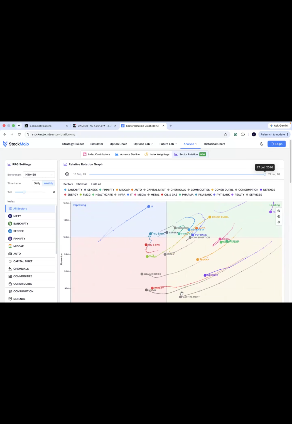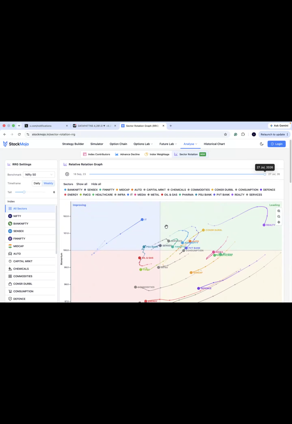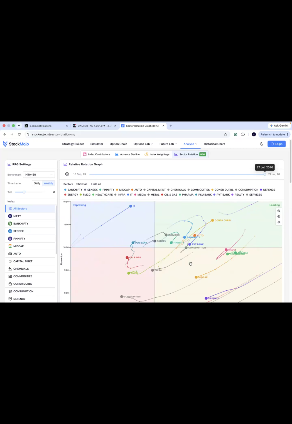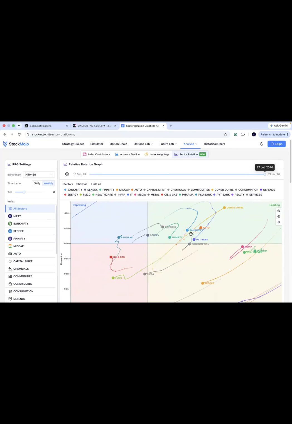The sectors which are good are the reality sector, IT sector, and the consumer durable sector. What else we can see is that the Bank Nifty and the Fin Nifty are also in the leading sector, but the direction is pointing to the downside.